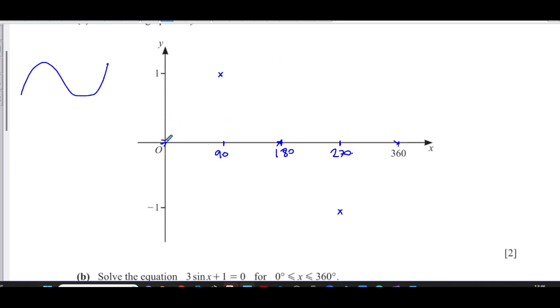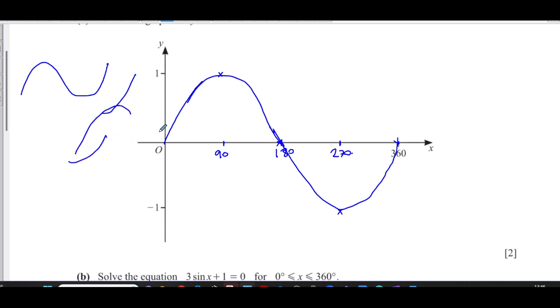So it curves up like this, goes through 180, and curves back up like this, goes to 360. That's not that good, but it's not that easy to do on this app. It should be a bit more rounded, not go like this from there, but kind of more rounded like that.